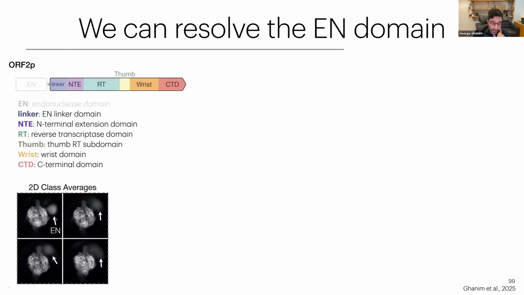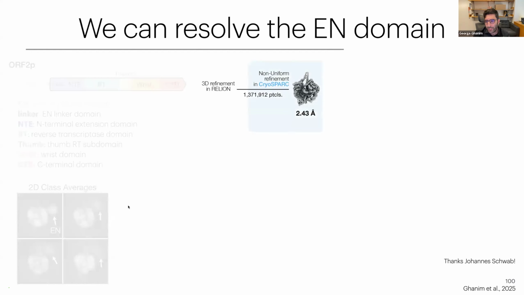And in a subset of the particles in the data set, the endonuclease domain seemed to adopt a more stable conformation. And again, we'll take a moment just to look at the data processing because this was quite challenging, actually. And I don't think I would have been able to do it without the help of Johannes, who was a postdoc in Shor Sheraz's group at the LMB.